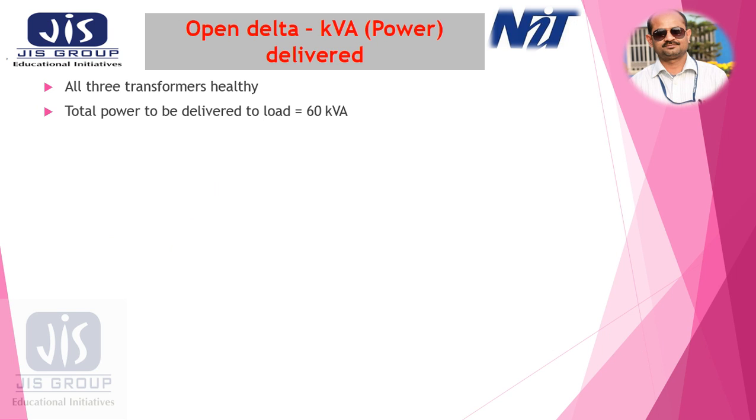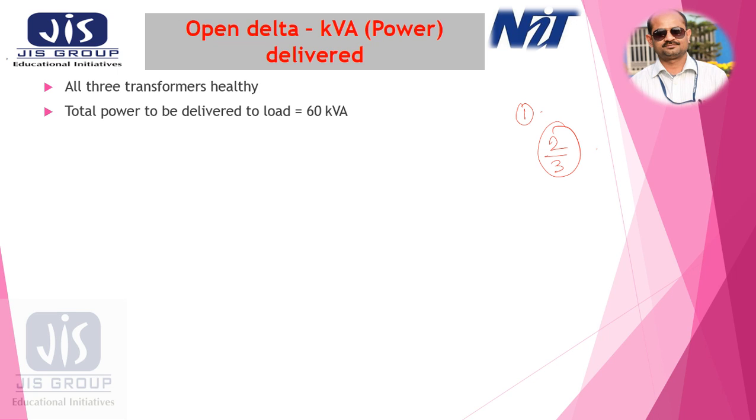Now suppose all three transformers are healthy, or consider the absence of one of the three transformers. It may appear that with one transformer absent, the bank will now be able to deliver 2/3 of the total power. However, this is not the case.